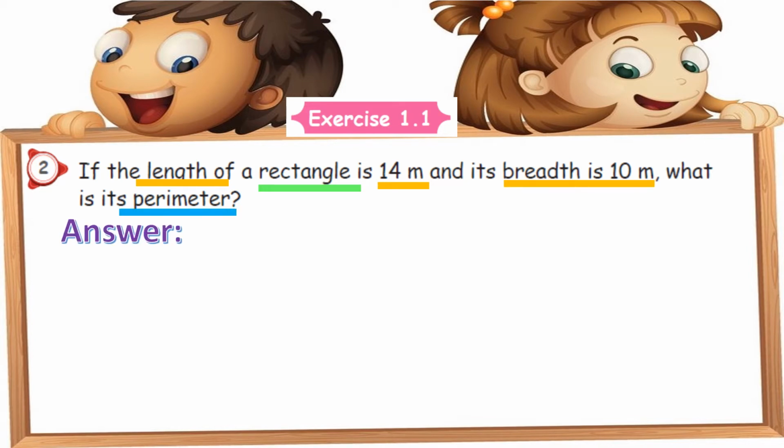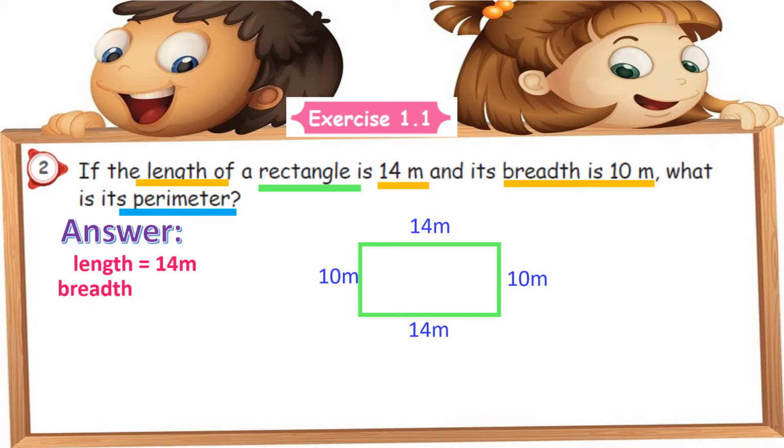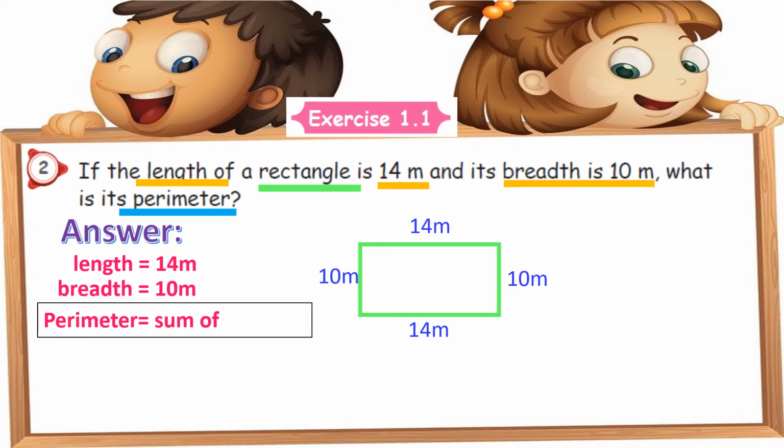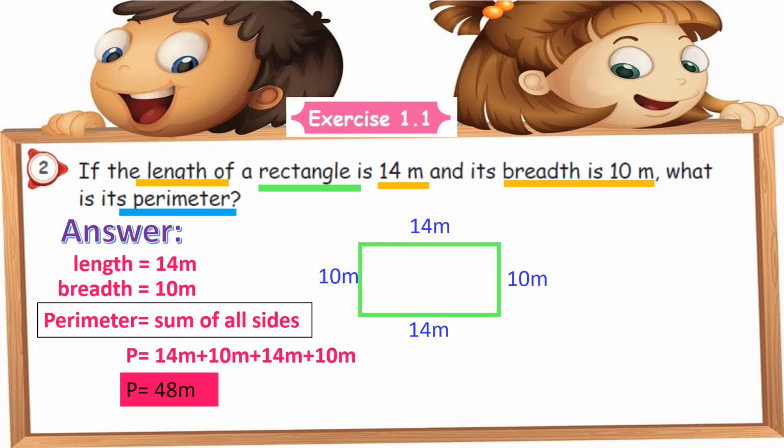Let us start the answer and draw a rough diagram of the rectangle and mark its length 14 meter and breadth 10 meter. Then perimeter equal to sum of all sides. P equal to 14 plus 10 plus 14 plus 10. After adding, you get P equal to 48 meter.